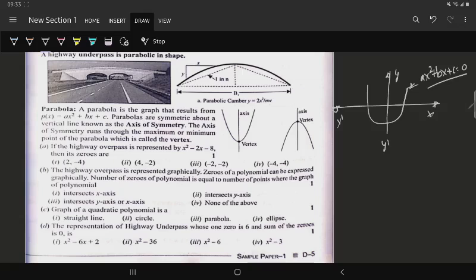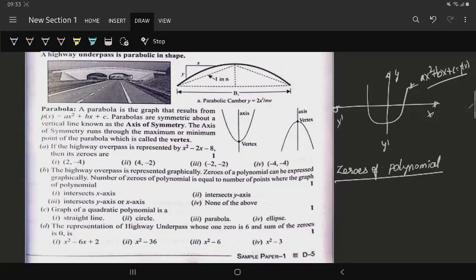So this is the general form of any parabola, or it can be equal to any polynomial p of x. So in our topic we have zeros of polynomial.